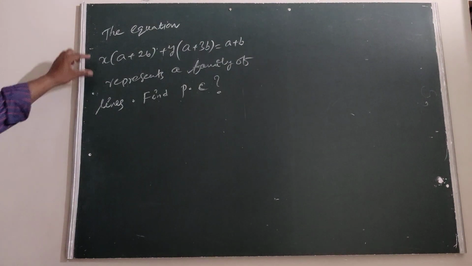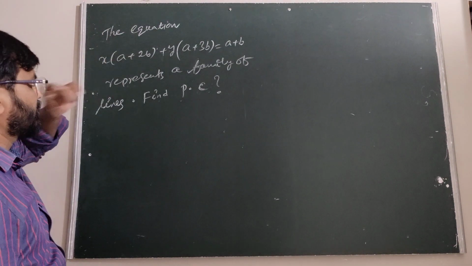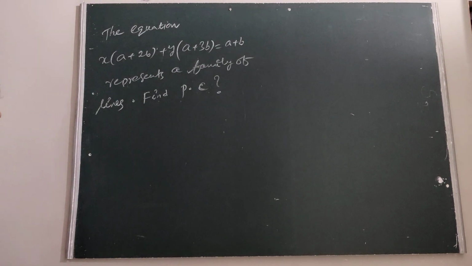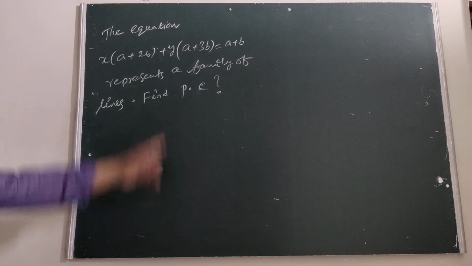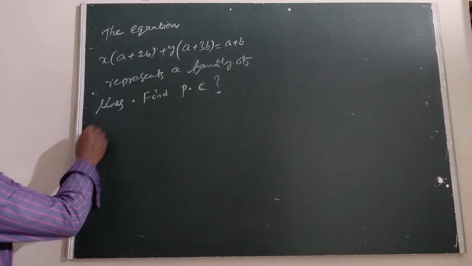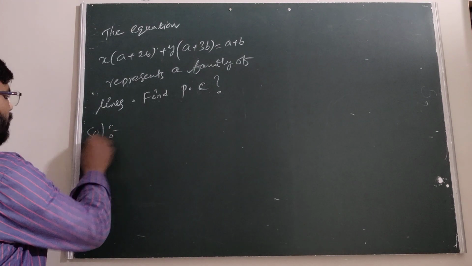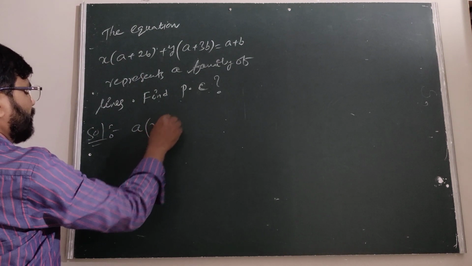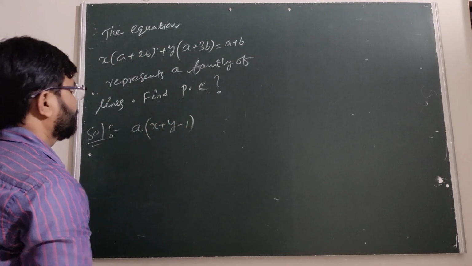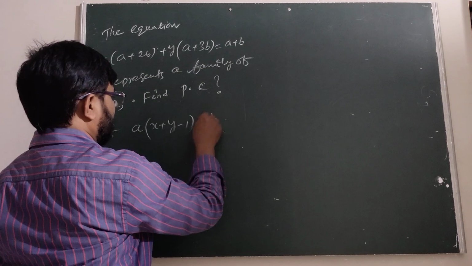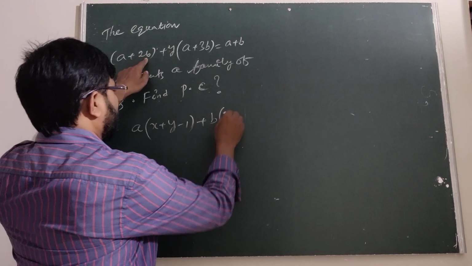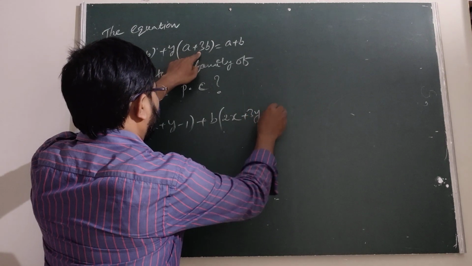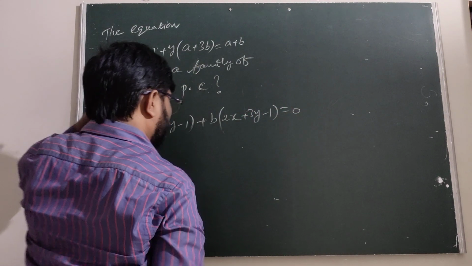So the equation x into (a plus 2b) plus y into (a plus 3b) equal to a plus b represents a family of lines. Find the point of contact. Therefore, we first take a common: this is x plus y minus 1. Now b is common: here b is 2x plus 3y minus 1 equal to 0.